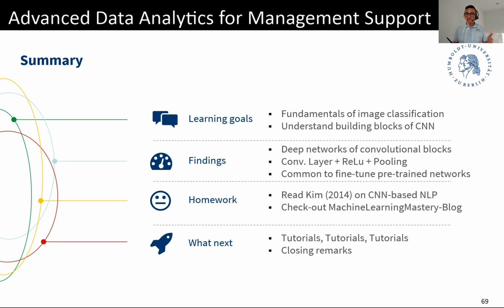Well, image models are often deep, and this depth comes from stacking multiple convolutional blocks on top of one another, where in these convolutional blocks we have a bunch of standard operations. The convolution in itself, plus some added nonlinearity, often in the form of the ReLU activation, and maybe pooling. Now we know what that is, pooling, stride, padding. We can make sense of all this jargon.